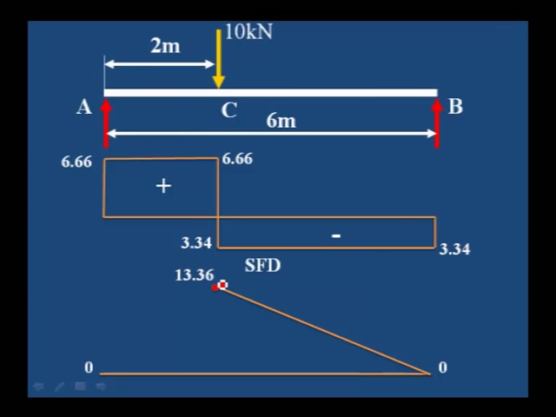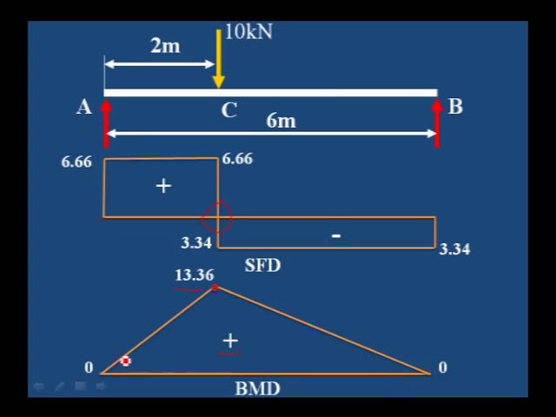Then join the starting point to the central point, this C point. We can observe here 13.36 is the maximum bending moment, where the shear force changes its sign. This is a plus value, a sagging bending moment.